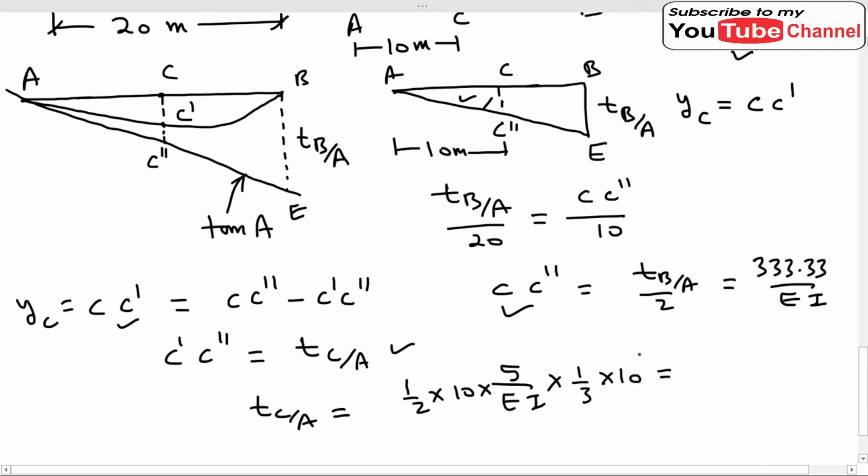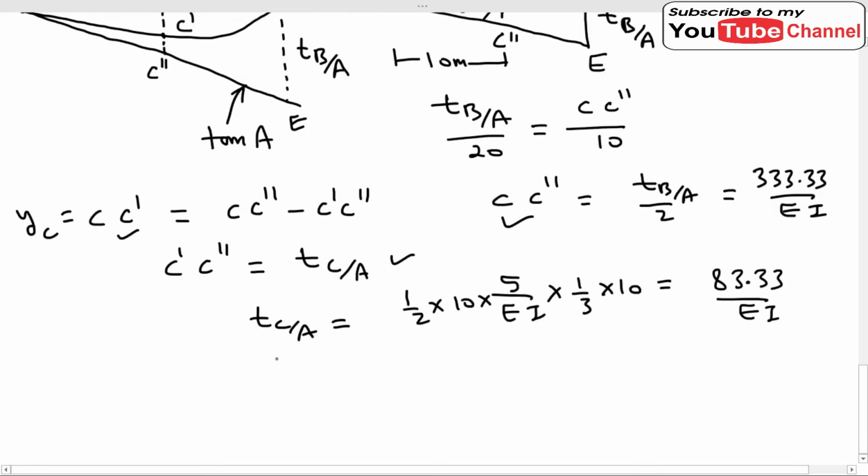If I calculate this value, it will come out to be 83.33 upon EI. So the value of TC over A is coming out to be 83.33.